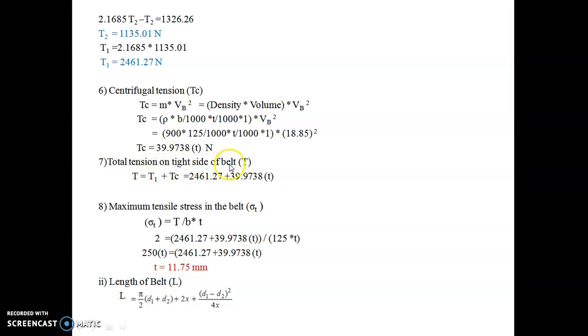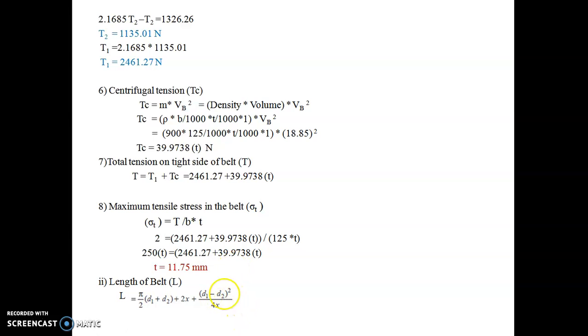So the total tension on tight side will be T is equal to T1 plus Tc, 2461.27 plus 39.9738 into T. We also know the maximum tensile stress in the belt sigma T, which is given by sigma T equal to total tension T upon cross sectional area B into T. So sigma T is 2, total tension 2461.27 plus 39.9738 into T divided by width 125 into thickness T. So 125 into T multiplied by 2, 250 T, equals 2461.27 plus 39.9738 T. From that we can get the value of T is equal to 11.75 mm. This is the first answer, that is the thickness of belt.